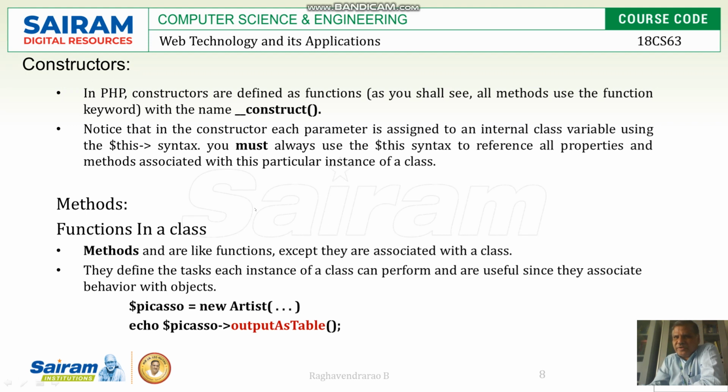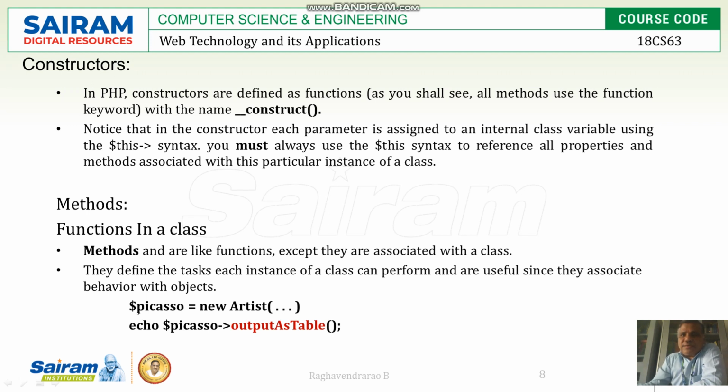The method is nothing but a function, and you can call or use that particular function. Methods are similar to functions. Here we call them methods, not functions. Methods are like functions that are associated with the class, so in the class only you can write those particular functions. Here is an example that takes the instance of the class and can perform the associated behavior of the objects, meaning based on that particular object the data is going to be fetched.